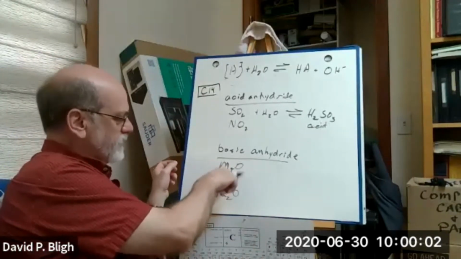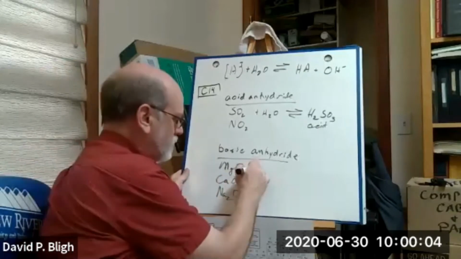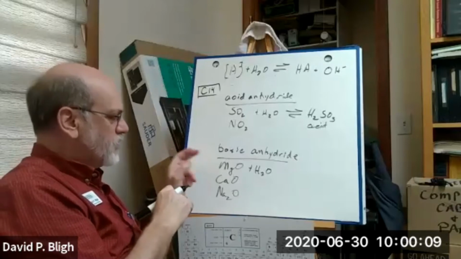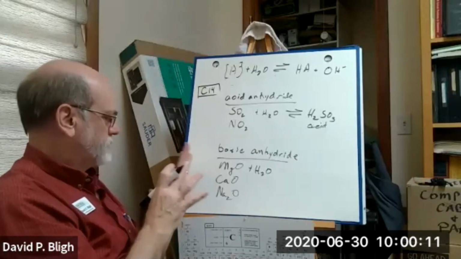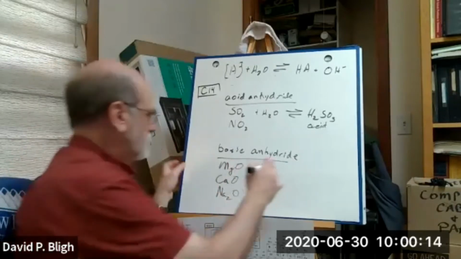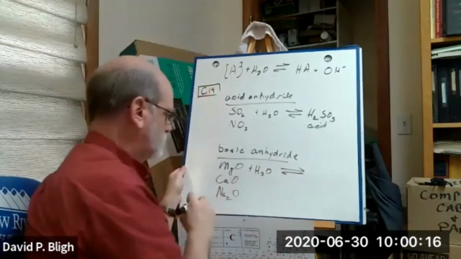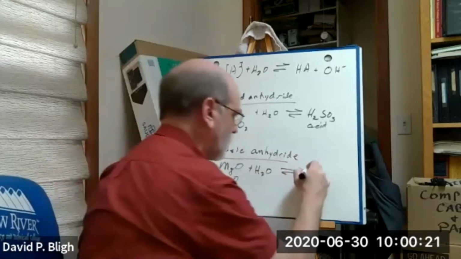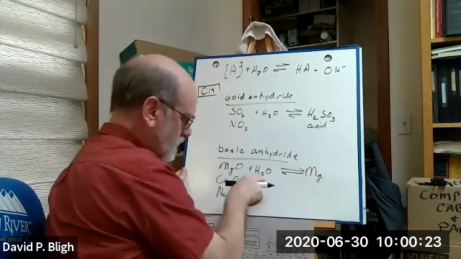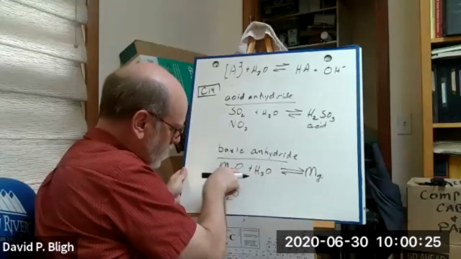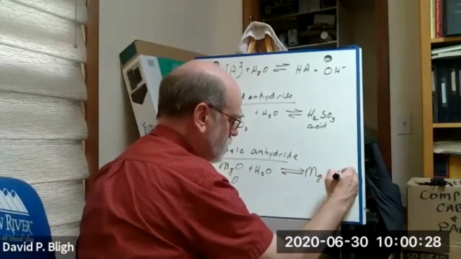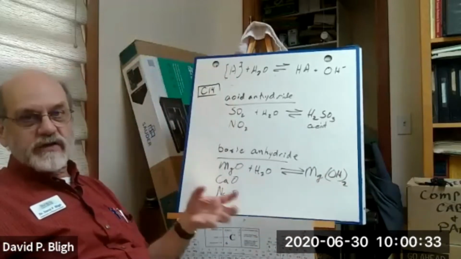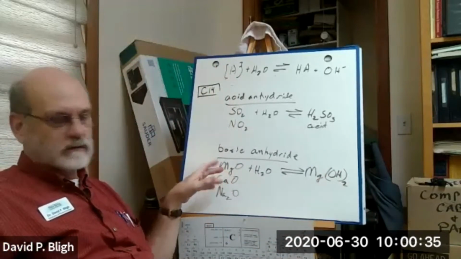When you put one of these in solution, what happens is you combine this molecule with that molecule, and that gives you the actual hydroxide of the metal.